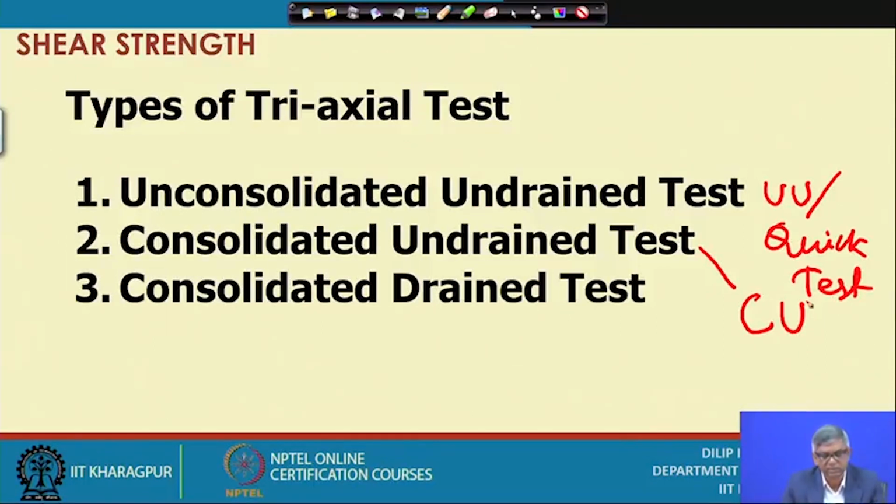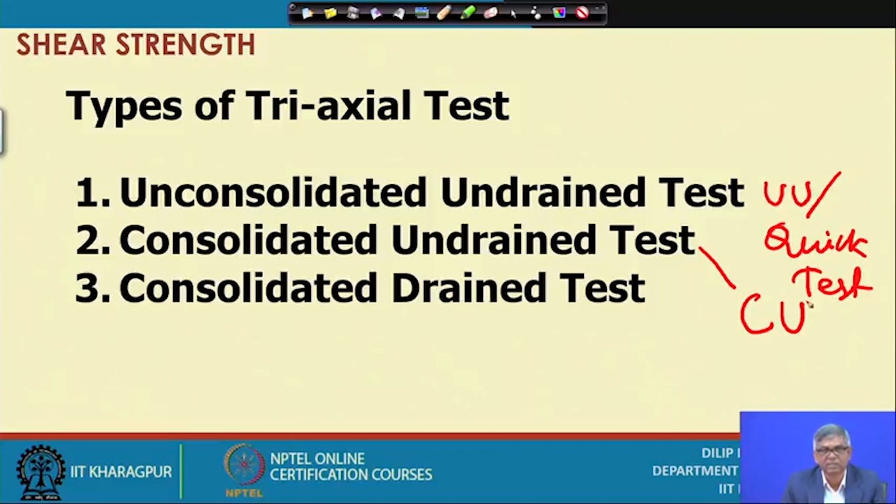And the third one is the consolidated drained test. This has the same mechanism as the second case: first we consolidate the sample under a particular confining pressure, and then during shearing, whatever pore pressure develops with every application of additional axial load has to be dissipated.